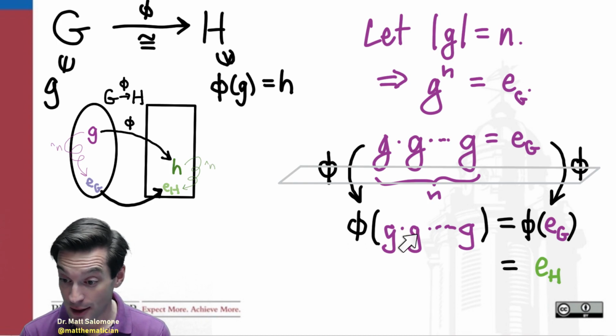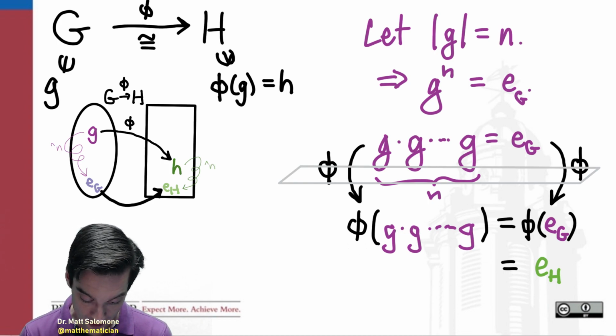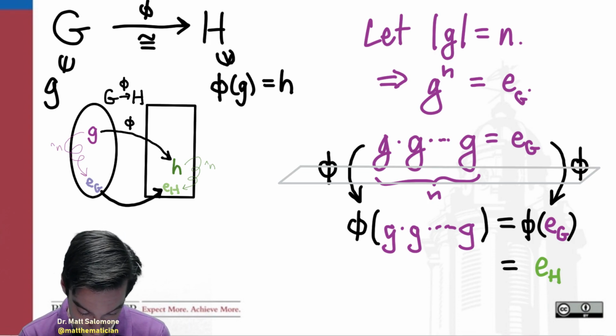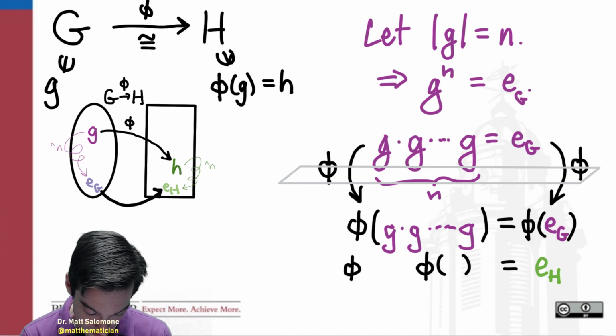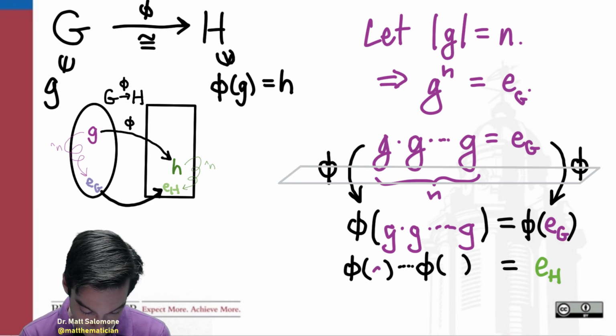So phi of the nth power of g is nothing more than the nth power of phi of g. So this is just going to be phi of g multiplied by itself n times.